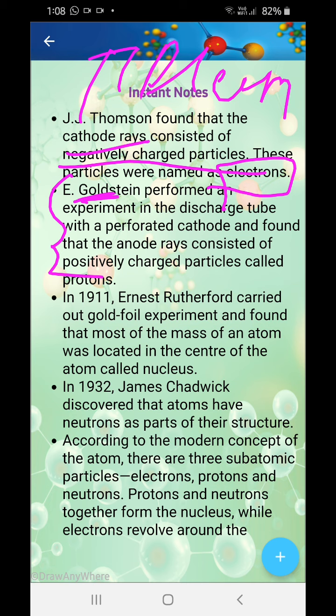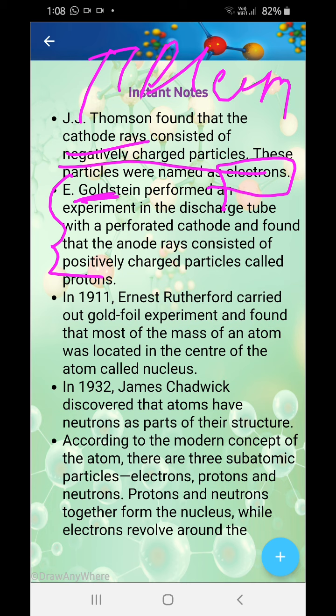How is it possible? Think about integers. It's not possible at all, right? So I performed this experiment, and again you see a yellow green fluorescence from the positive end, and that's proton. Anode rays are passing through the negative end, fluorescence came.